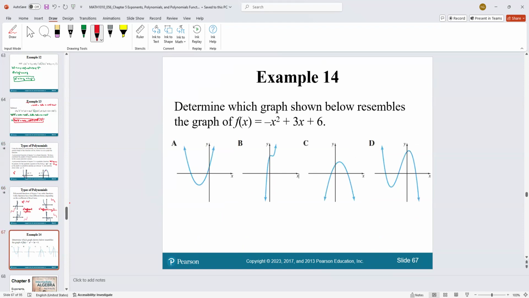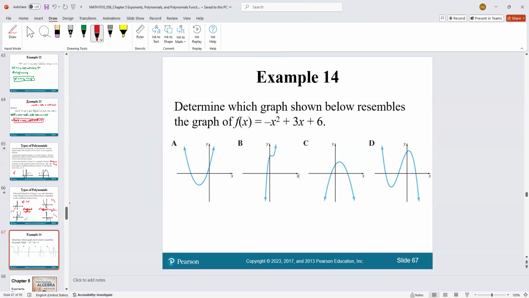We have only one example in this case, where we're going to ask you to determine which graph shown below resembles the graph of f of x equals negative x squared plus 3x plus 6. The first thing to remember: if the highest degree is power 2, what shape should that graph be? It should be a parabola, a U shape.